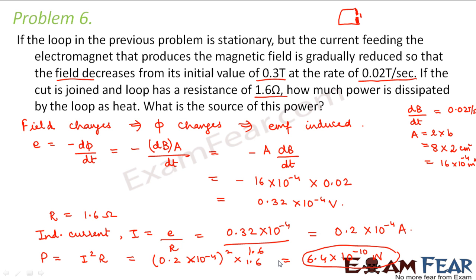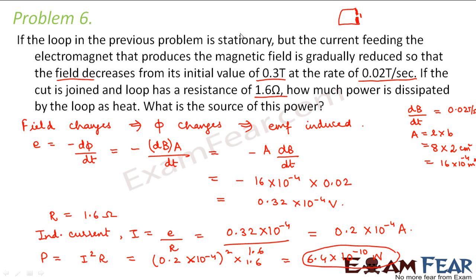So what is the source of this power? This power got dissipated because of the current which was induced. And why was the current induced? Because of the induced EMF. Why was the EMF induced? Because of the change in flux. And why was there a change in flux? Because the magnetic field was changing.